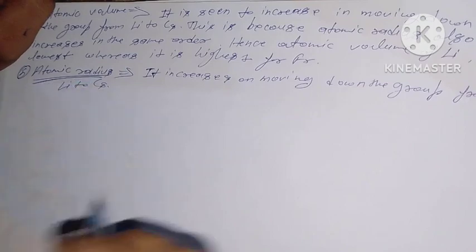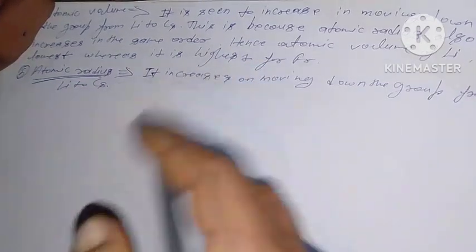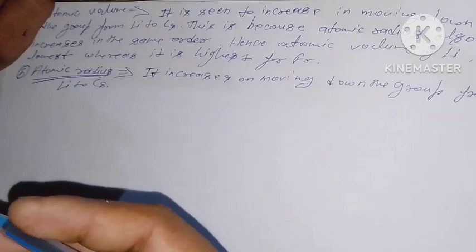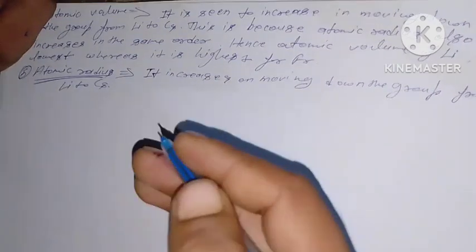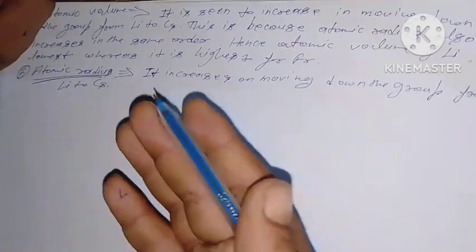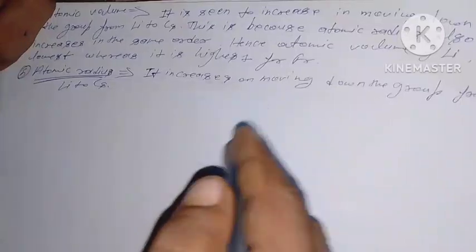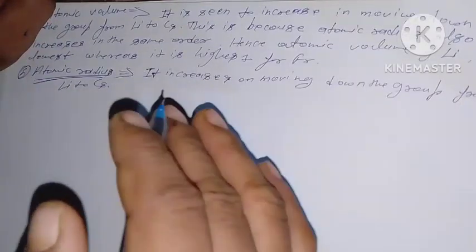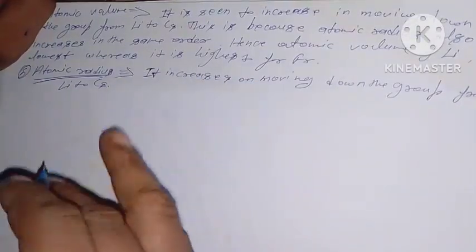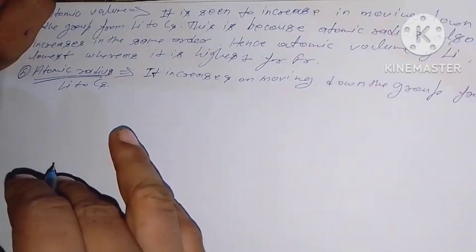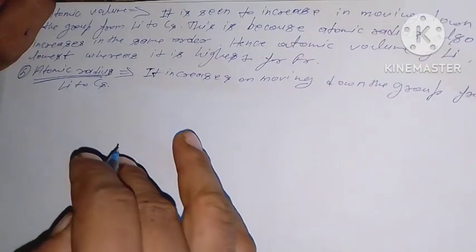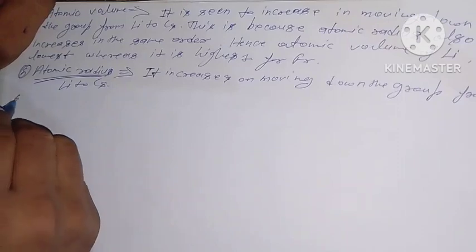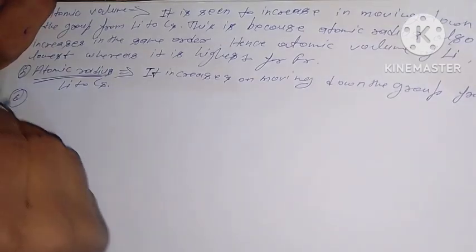This is because of the presence of an extra shell of electrons as we move down from one element to another. The atomic radii of alkali metals are the largest in their corresponding periods. Okay, increasing from lithium to cesium. Okay, sixth point, ionic radius.